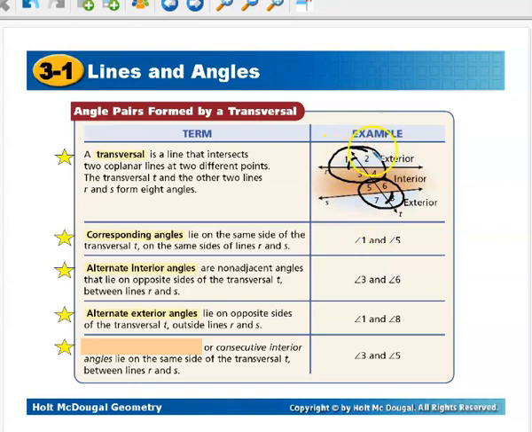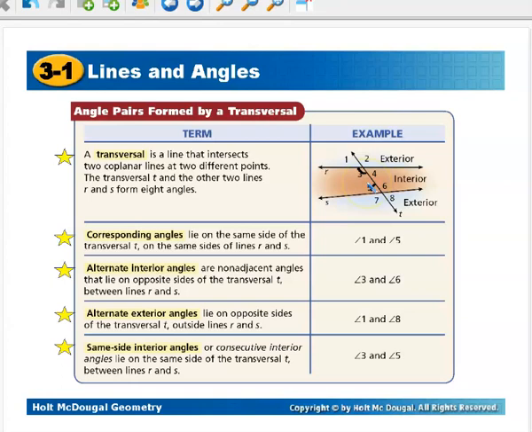They're on opposite sides of the transversal and opposite groups. And the last one here, same side interior. Same side interior, they're consecutive. So we're looking only at the interior and on the same side. So 3 and 5 would be one example of same side interior angles.